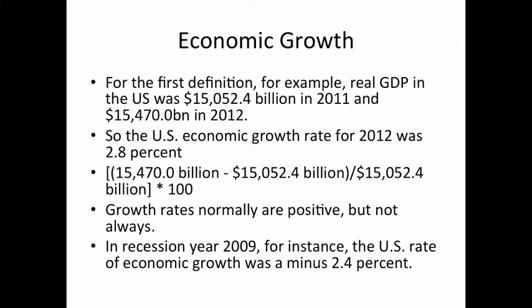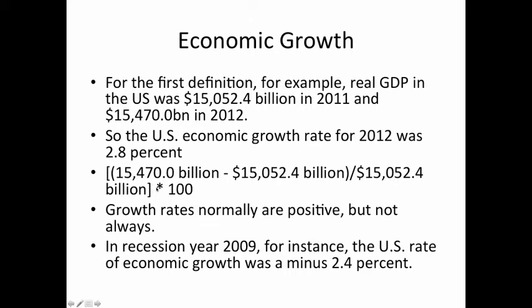So we're comfortable with a percent change. To calculate a percent change, you just take the absolute change. So GDP here, this is 2012, $15.5 billion, minus here what it was in 2011, 15 billion. And then that's the change over the year period, and divide that by the starting value, i.e. GDP back in 2011.